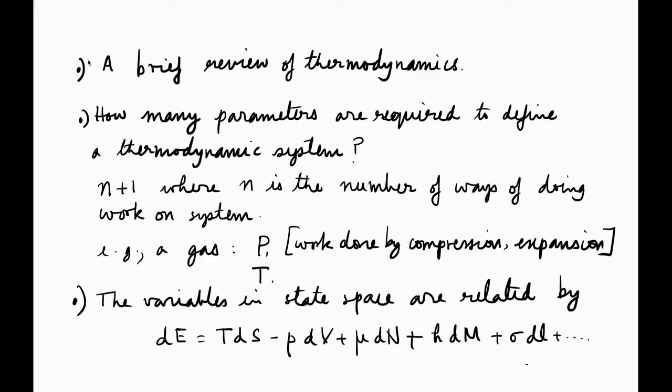Now this does not depend on whether it's reversible or irreversible. It just says that if I go from one equilibrium state to another equilibrium state, how do the variables in the state space change? And that relation is, if I look at the change in internal energy dE, it is T dS minus P dV plus mu dN plus H dM plus sigma dL.